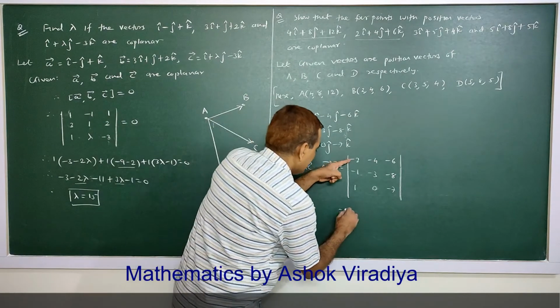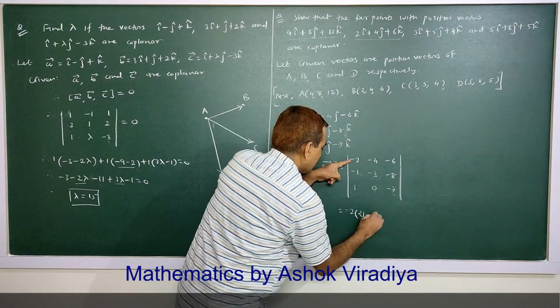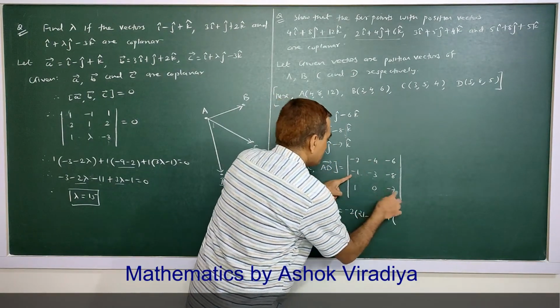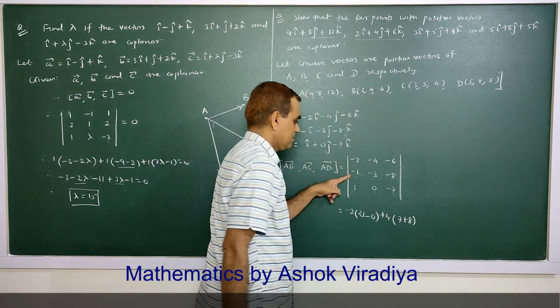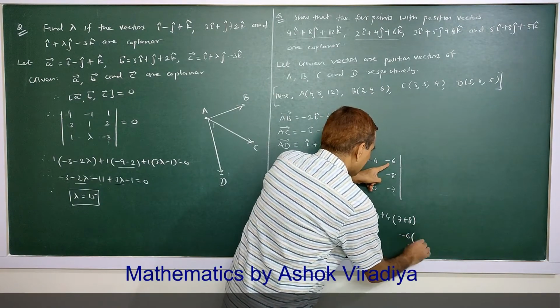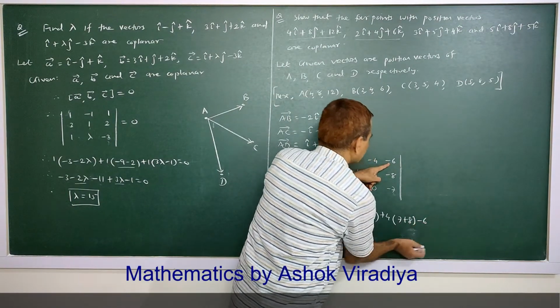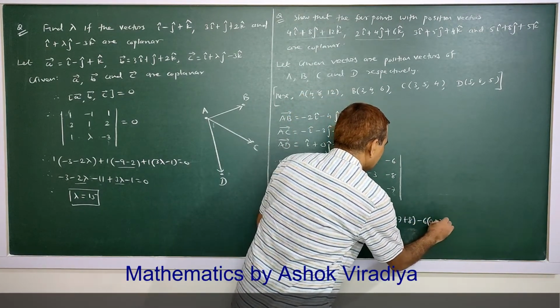So minus 2 into, here 21 minus 0, plus 4 into 7 minus 8, that is plus 8, plus minus 6 into 0 minus 3, that is plus 3.